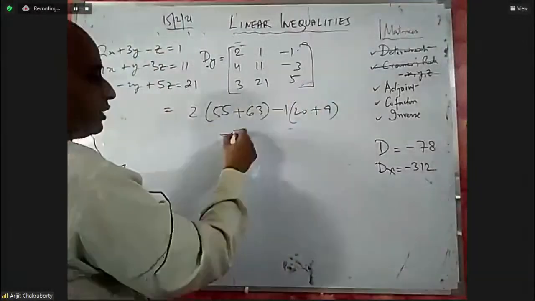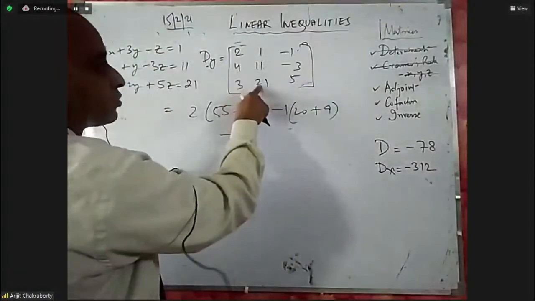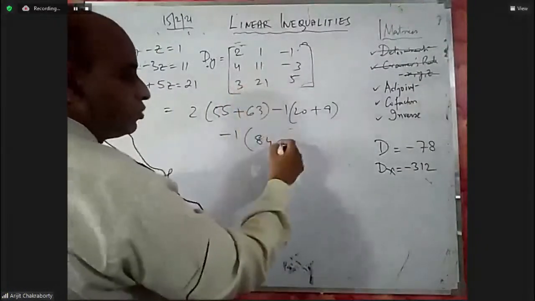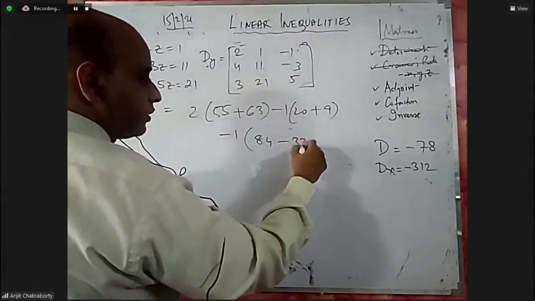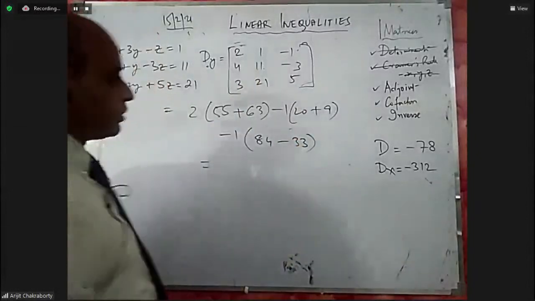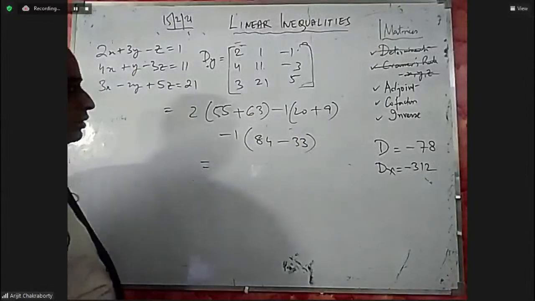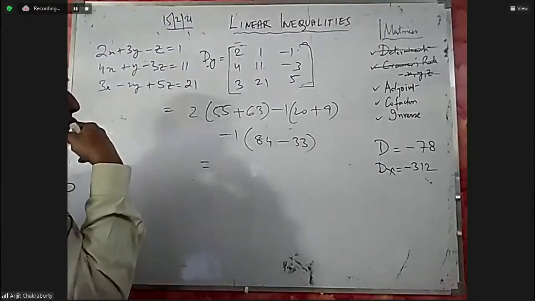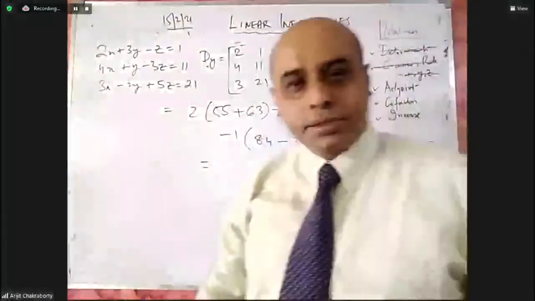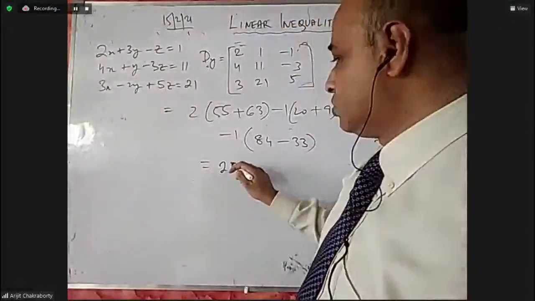Then I have -1 here, 4 into 21, that is 84, -3 into 11, that is 33. So 55 and 63 comes to 118 into 2. 118 into 2 is how much? 236, if I'm not mistaken.